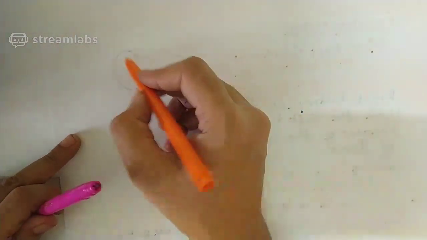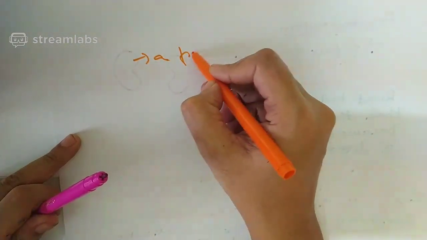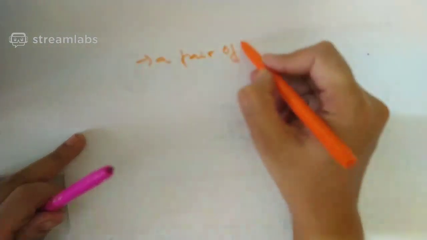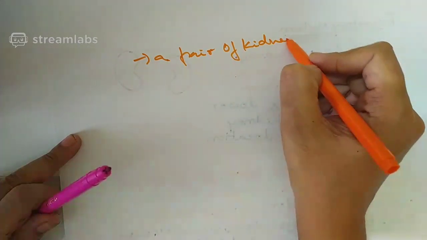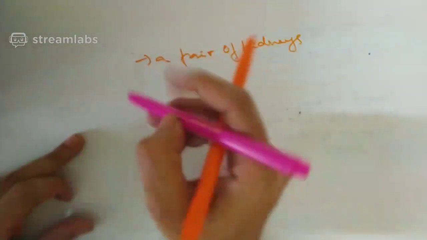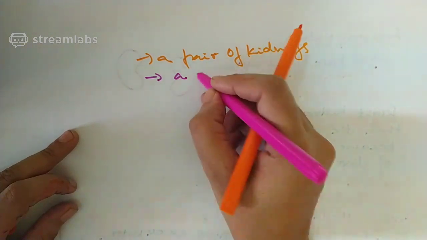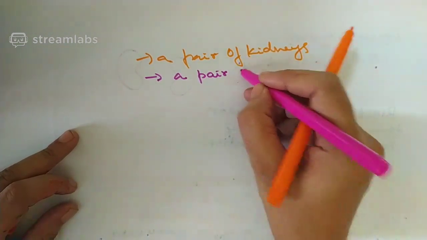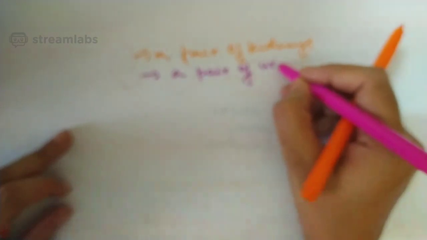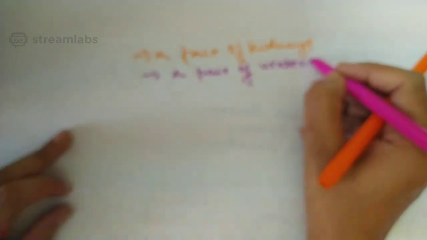So our excretory system consists of a pair of kidney, which we have already studied. Then it also consists of a pair of ureters. What is this ureter?